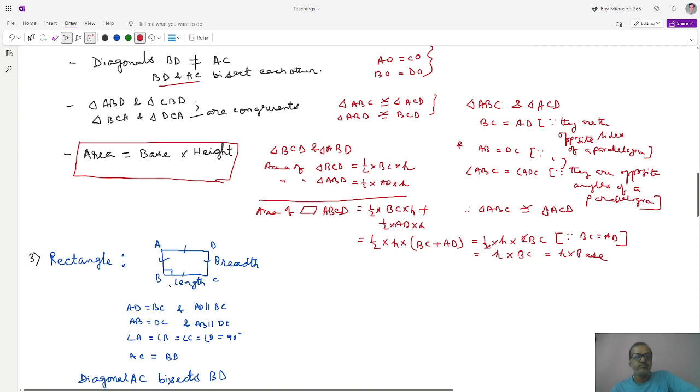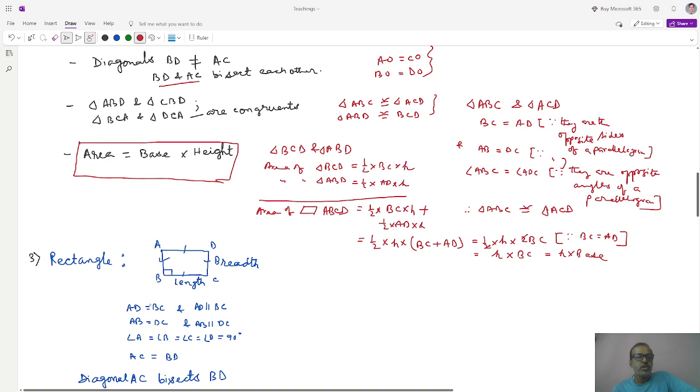So in short, if any angle of a parallelogram is 90 degrees, then we may conclude that this parallelogram is a rectangle.